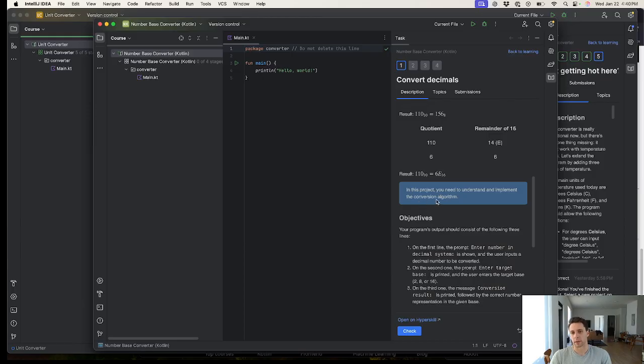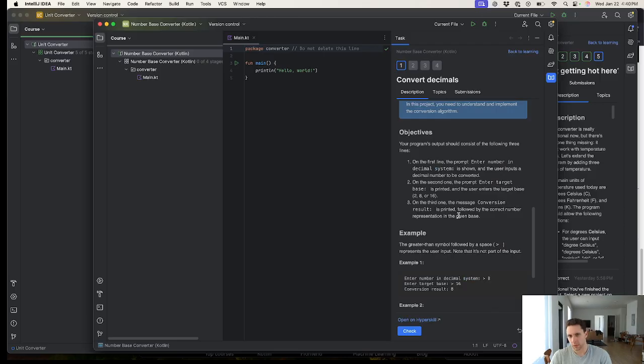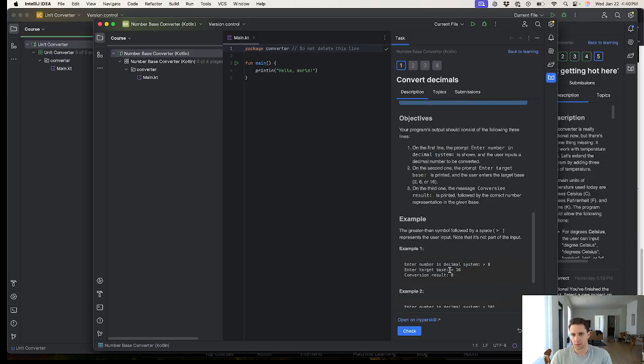The conversion algorithm. Wow, look at this. Got it. This should be interesting.